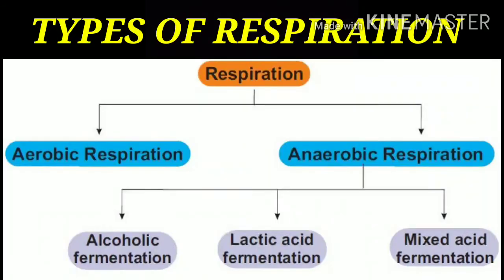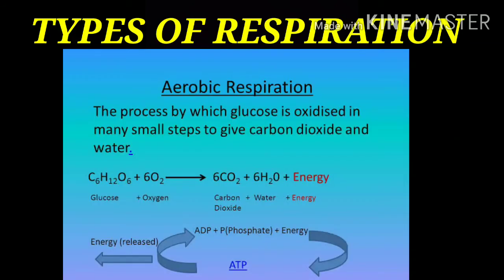There are two types of respiration. One is aerobic respiration and another one is anaerobic respiration. Let us see the aerobic respiration. Aerobic respiration is the type of cellular respiration in which organic food is completely oxidized with the help of oxygen into carbon dioxide, water and energy.